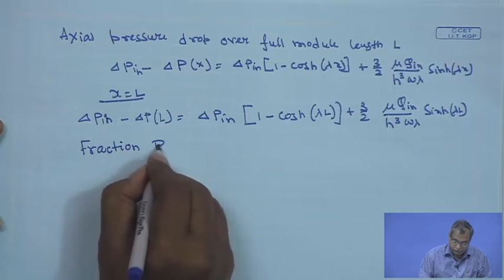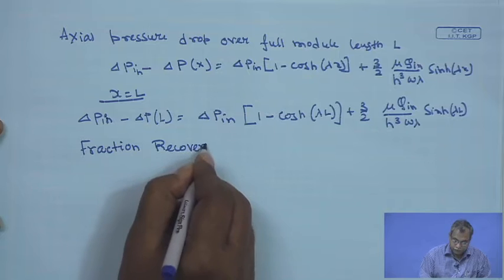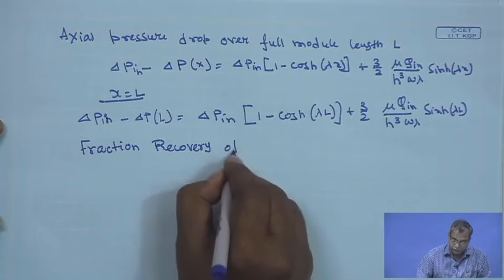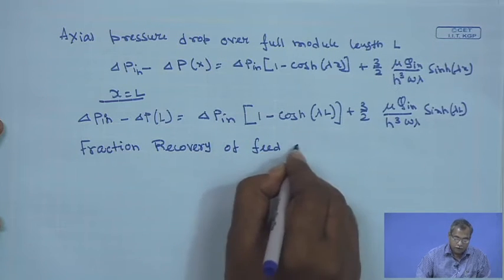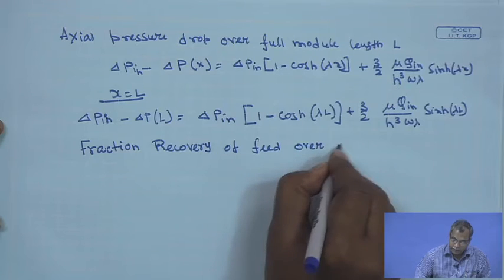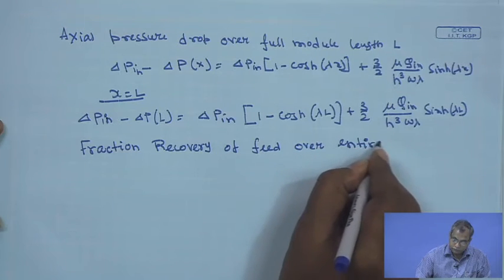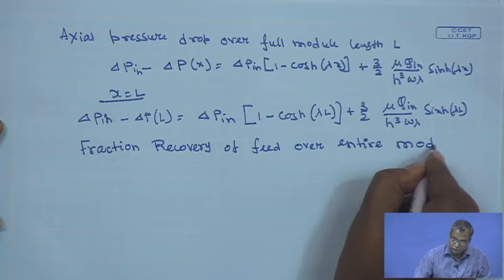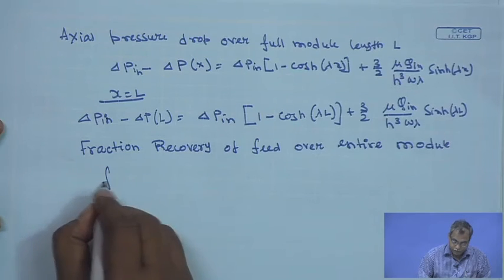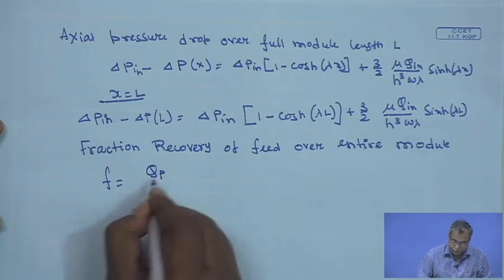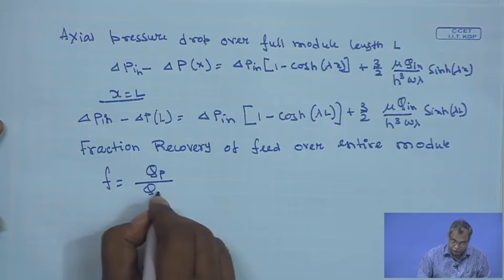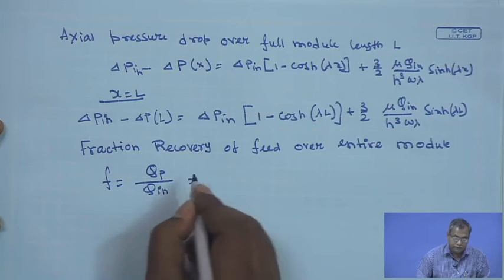The fractional recovery of feed over the entire module becomes F is equal to the total flow rate in the permeate stream divided by the total flow rate going into the system, Q in.